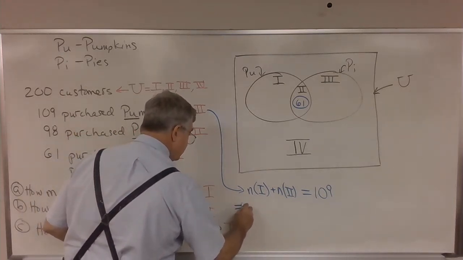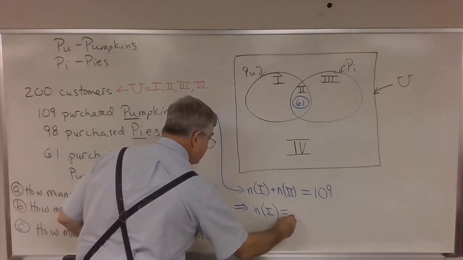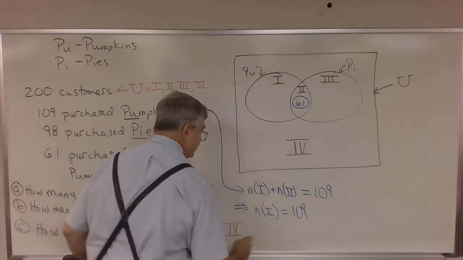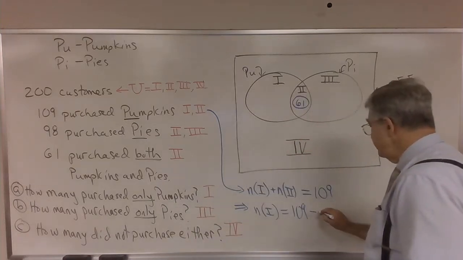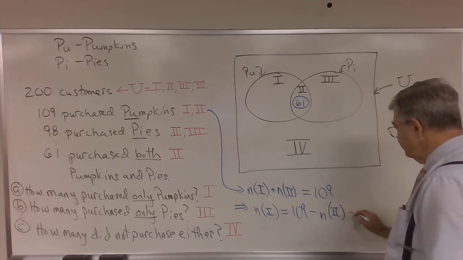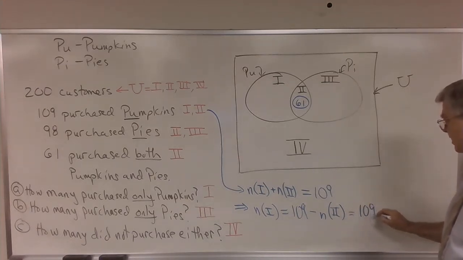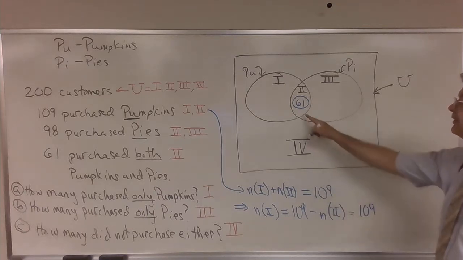So this implies the number in region 1 is equal to 109 minus the number in region 2, which is, let's see, 109 minus how many are in region 2? 61?